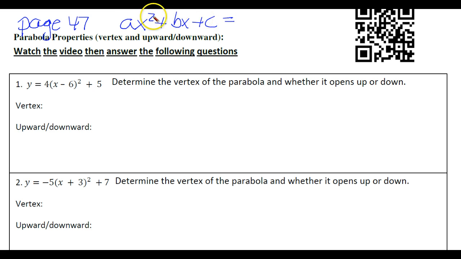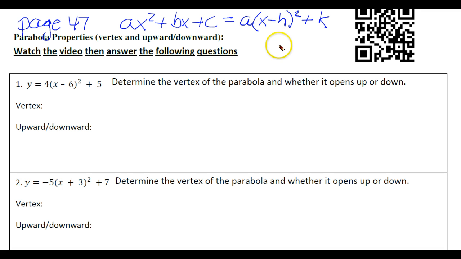Now, if we fiddle with this, we can convert this formula into something that is equal, and it looks like this. A, parenthesis x minus h, the quantity squared, plus k. Now in this form, we can pick out, and I often call this one the vertex formula form, we can pick out the vertex.